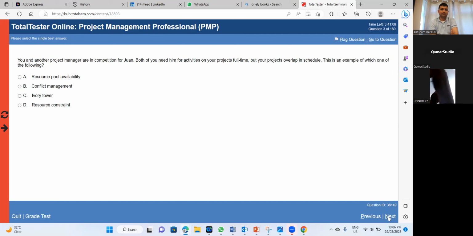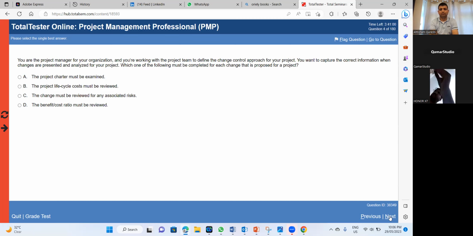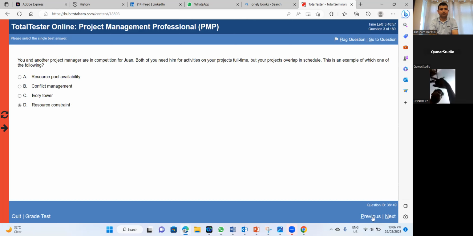I think resource constraint. What is this, every tower? For me, this is a made-up word, unless it means something I don't know.